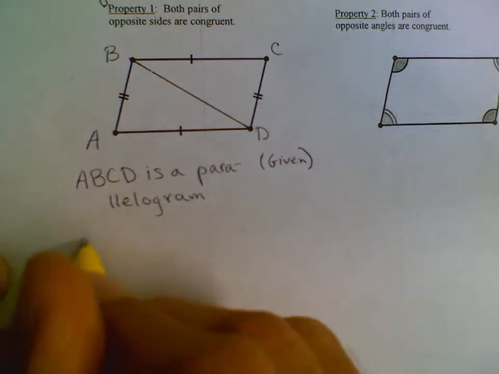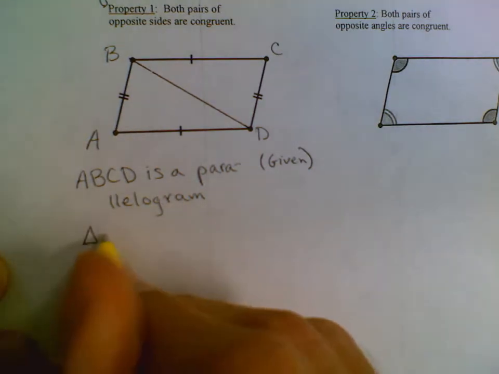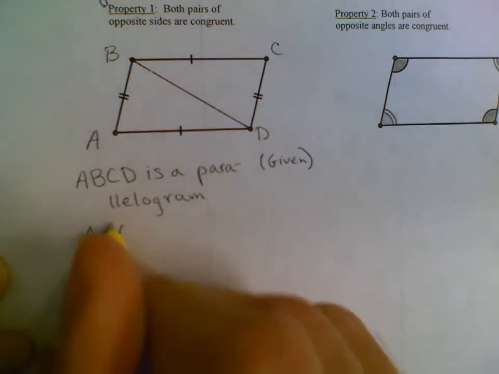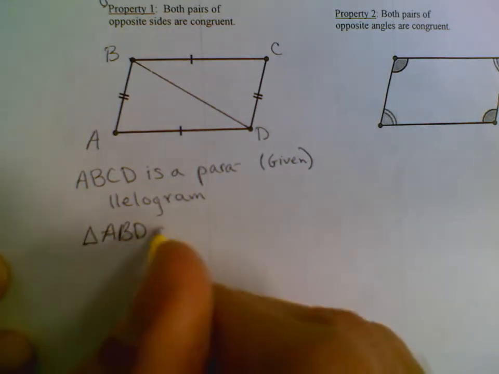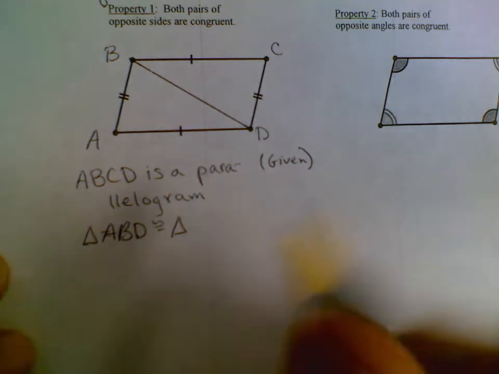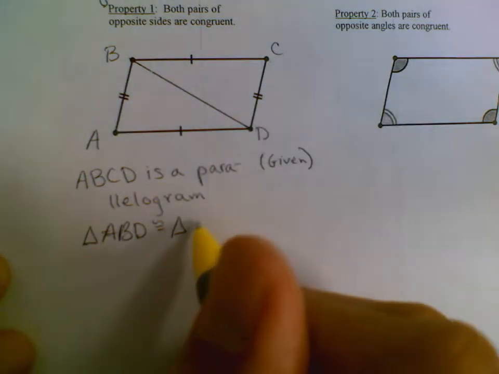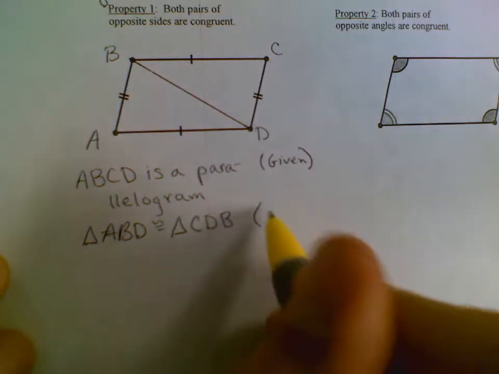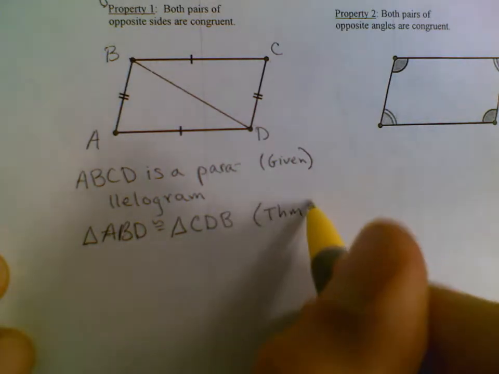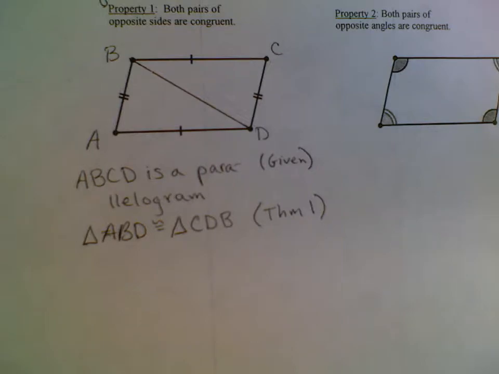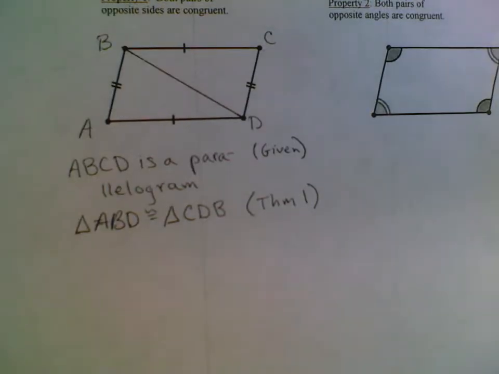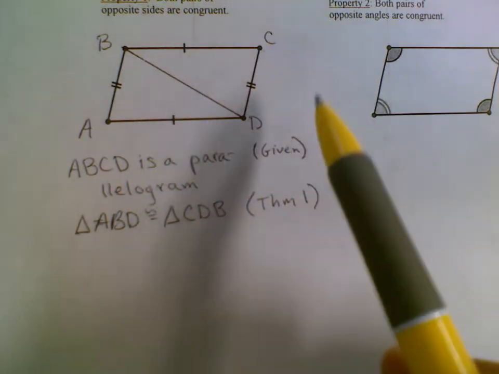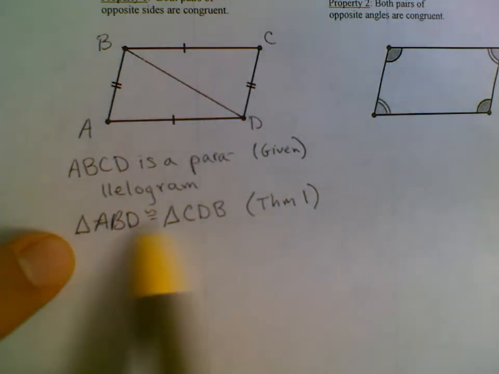And then that automatically means that triangle ABD is congruent to triangle CDB by theorem 1, because we just proved it, right? Okay, now how can I prove that opposite sides are congruent? Well, I'm saying that the triangles are congruent.